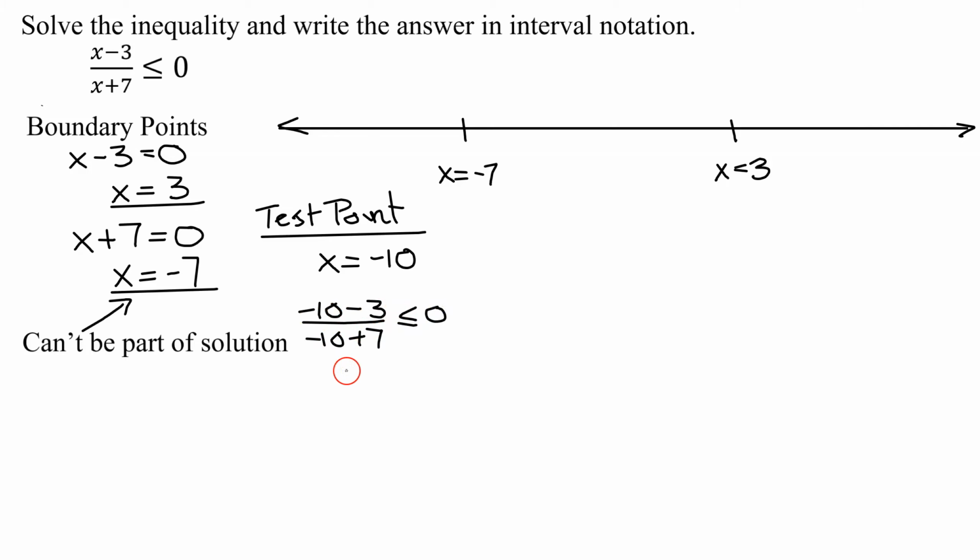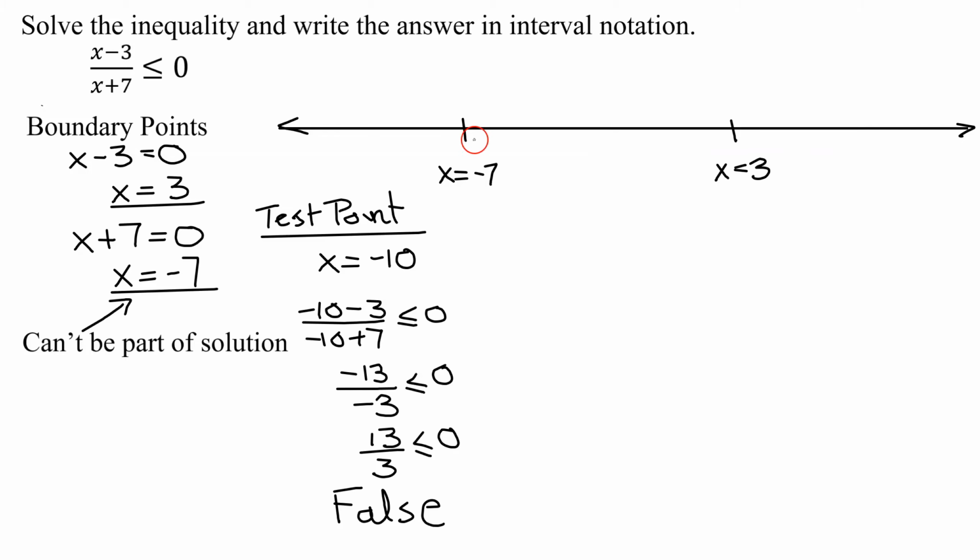Well, -10 - 3 is -13, divided by -10 + 7 is -3. Is that less than or equal to 0? A negative divided by a negative is a positive. Is a positive number less than or equal to 0? False. I do not want this region here.